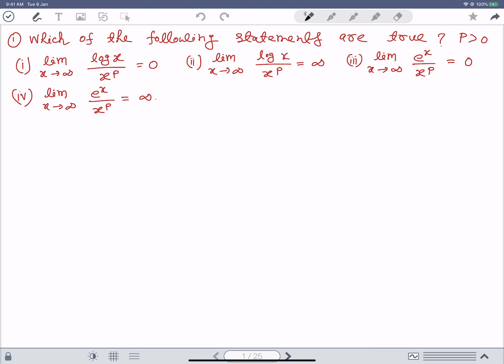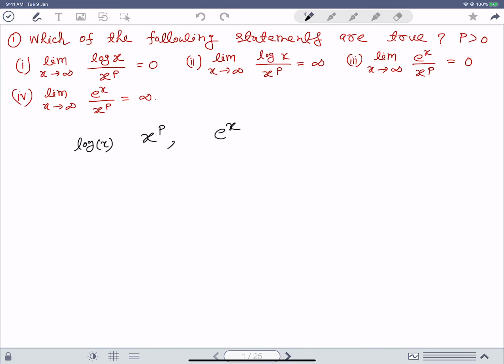First of all you should understand between these: say you have x to the power p for any p bigger than 0, and you have log x, and another is e to the power x. So, you have three types of function, and you should understand which is going faster.